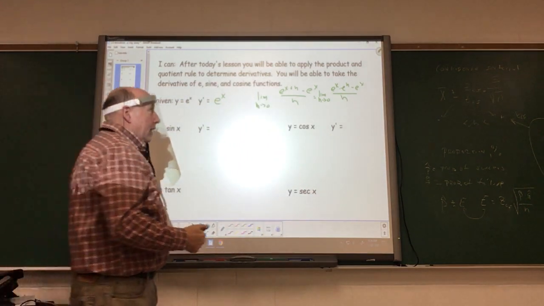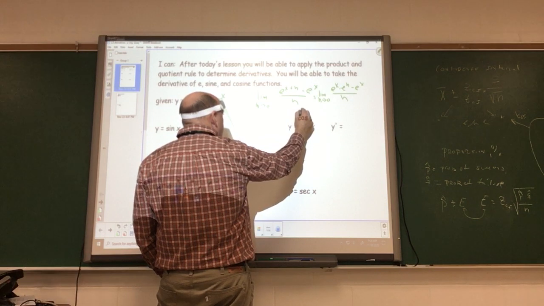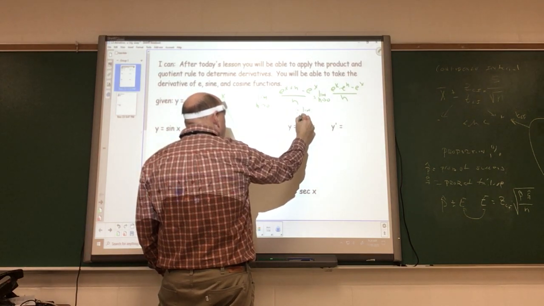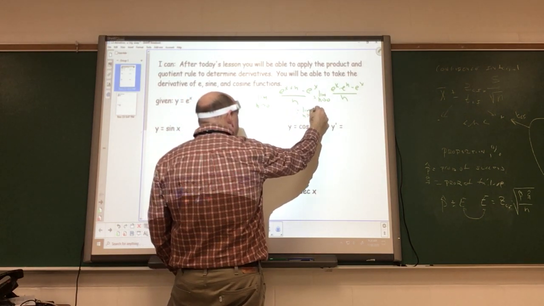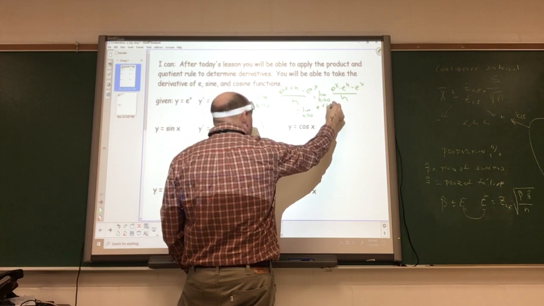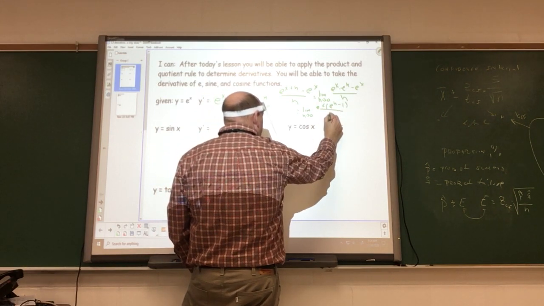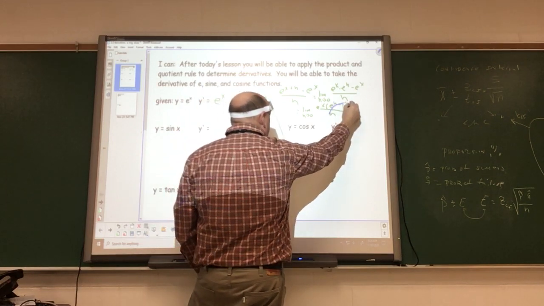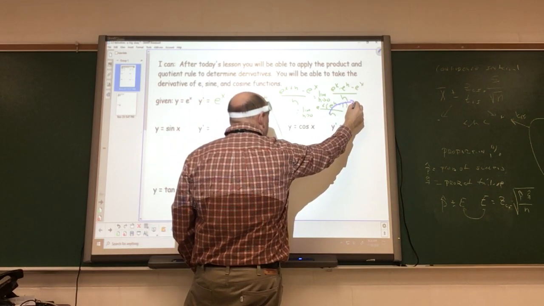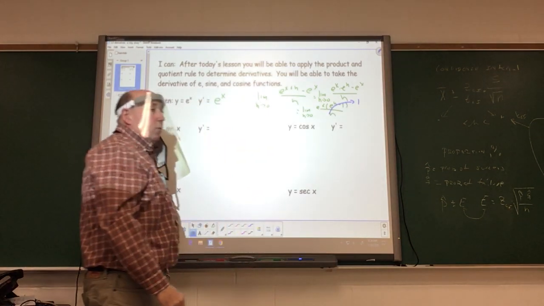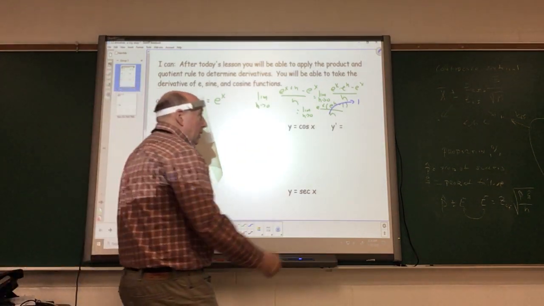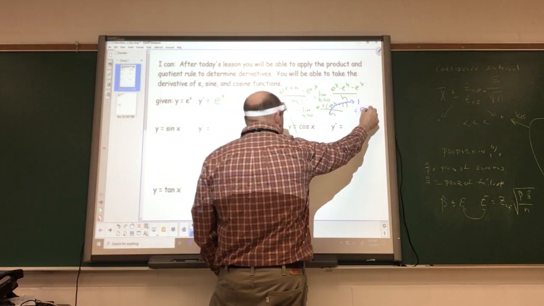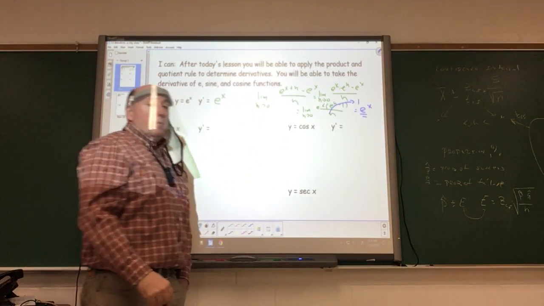Factored out that e to the x. So we're left with e to the h minus 1 over h. And as h approaches 0, this approaches the value 1. So we are left with e to the x as my derivative.